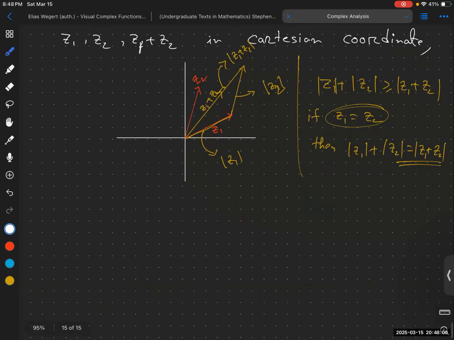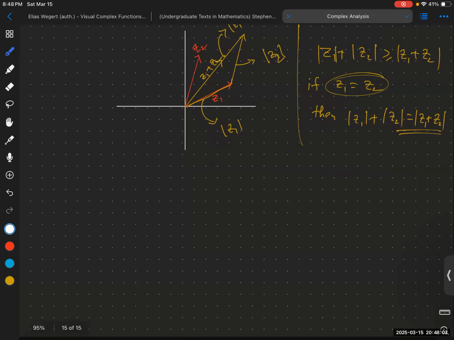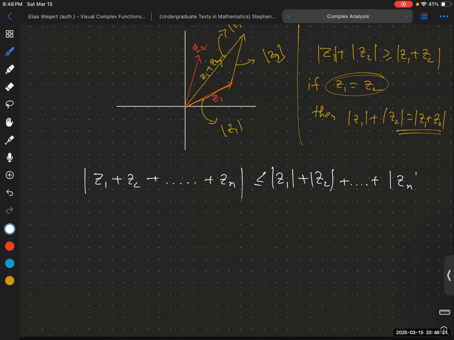So we can extend this triangle inequality to a more general form, and the general form can be written as: the modulus of z1 + z2 and up to zn is less than or equal to |z1| + |z2| and up to |zn|.